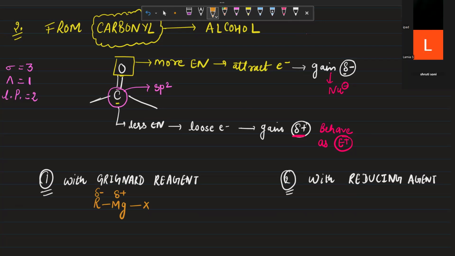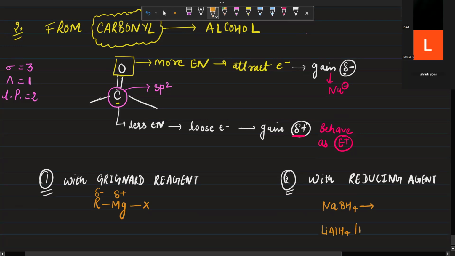And for reducing agents, there are some examples. Do you know about NaBH4, which we discussed earlier? What will NaBH4 do? Reduce means to make it more acidic, or less acidic? I'm not sure.